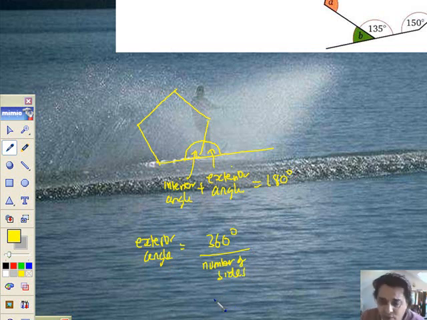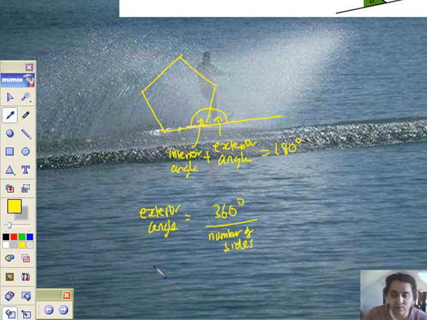Any regular polygon, 360 divided by number of sides, they all have the same exterior angle, which means if I can work out the exterior angle, I take that away from 180, I've got the interior angle. So here's the second rule. The inside angle, the interior, is going to be 180 degrees, take away the one you just calculated, the exterior angle.